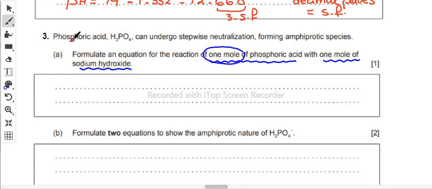This is for the balancing part. So if I want to start writing my equation, I have H3PO4 plus sodium hydroxide. The point here is this is a triprotic acid. So there are 3 different hydrogen ions presented.